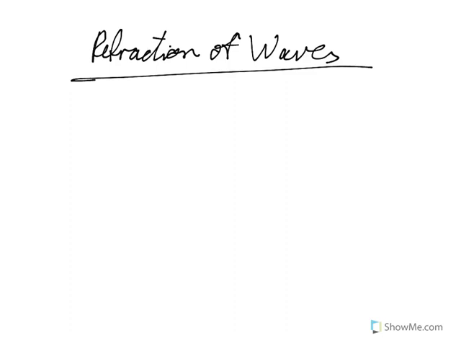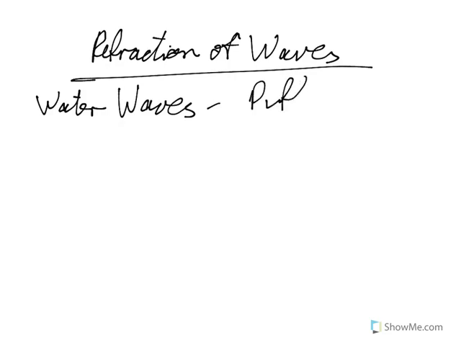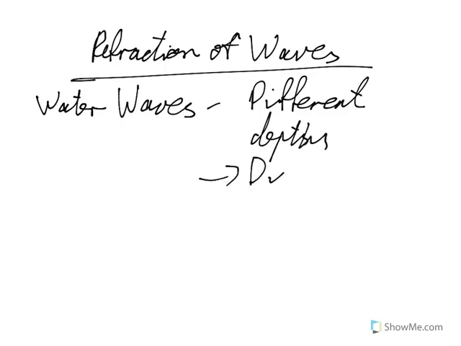All right, so what we do is we observe when water waves travel into different depths, they have different speeds. All right, and so shallow water would be slower.